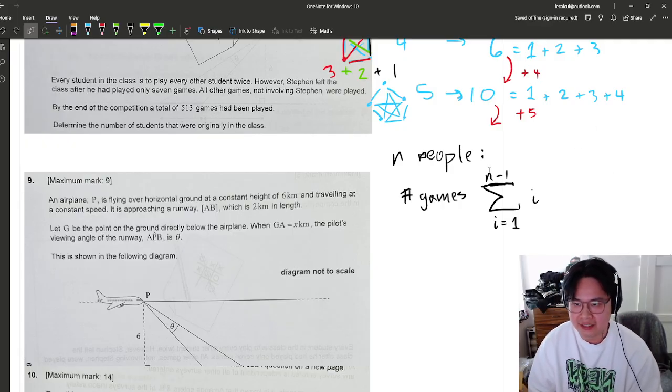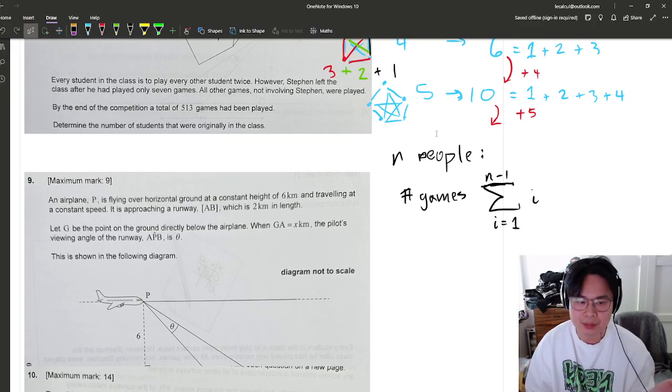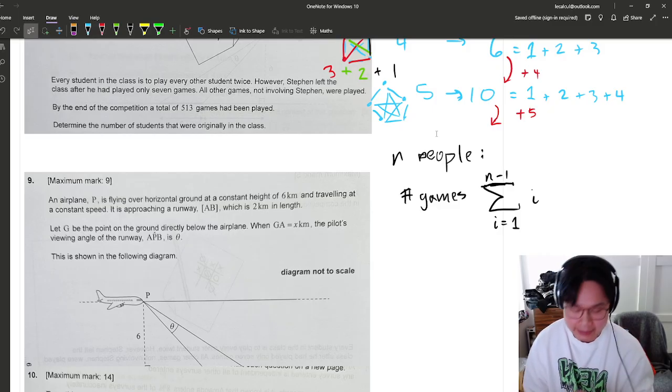That's the shorthand, right? If you have 9 people, then the number of games is 1 plus 2 plus 3 plus 4 plus 5 plus 6 plus 7 plus 8, and we stop at 8, which is n minus 1.